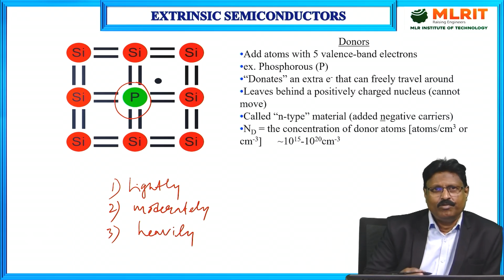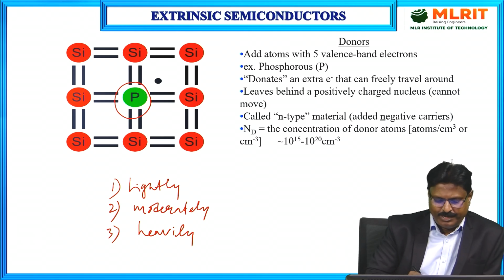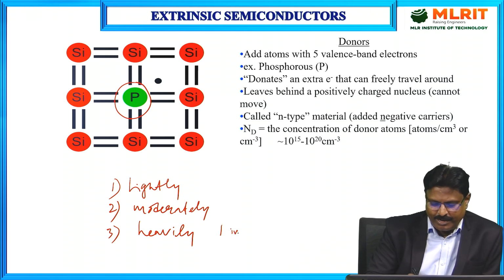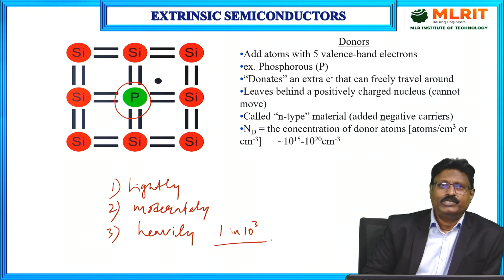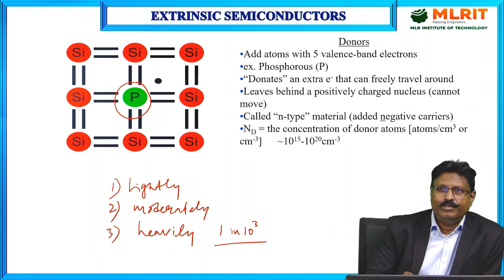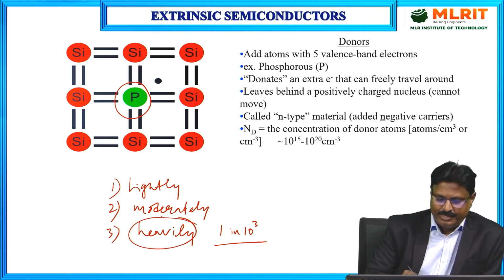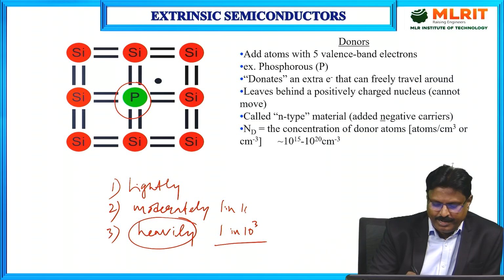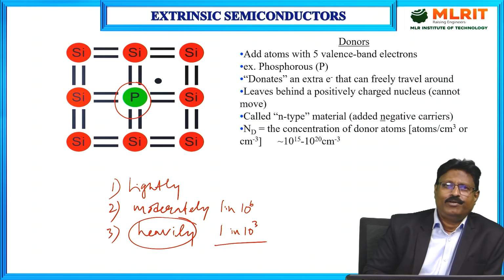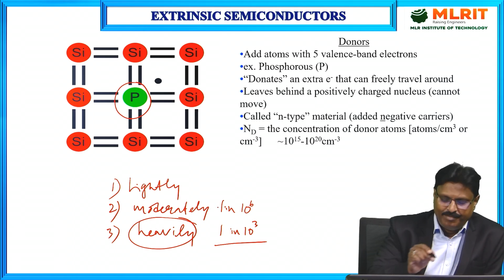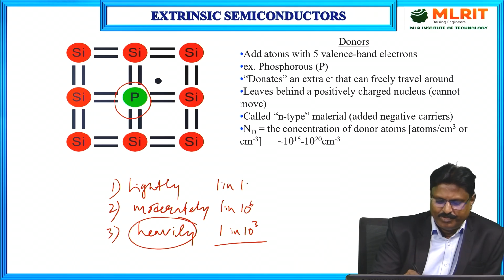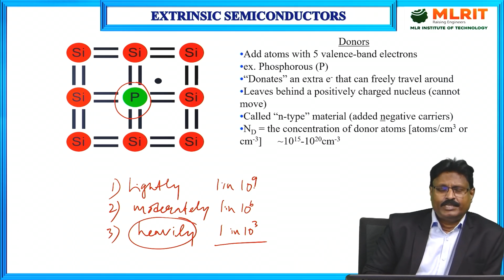What do lightly, moderately, and heavily doped mean? 1 in 10 to the power of 3, that means 1 phosphorus atom in 10 to the power of 3 silicon atoms, is called heavy doping. 1 in 10 to the power of 6, that means 1 phosphorus atom in 10 to the power of 6 silicon atoms, is called moderate doping. And lightly doped means 1 in 10 to the power of 9, that means 1 phosphorus atom in 10 to the power of 9 silicon atoms. This is about the doping.